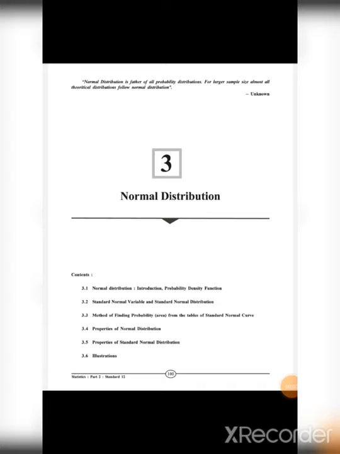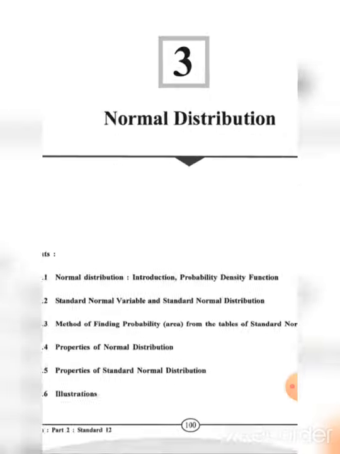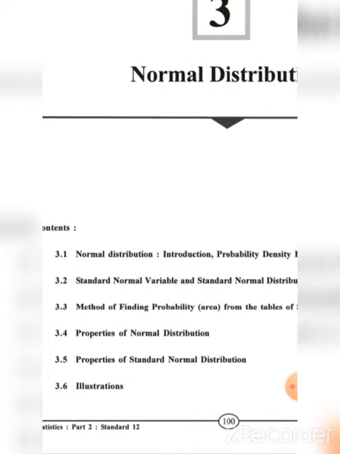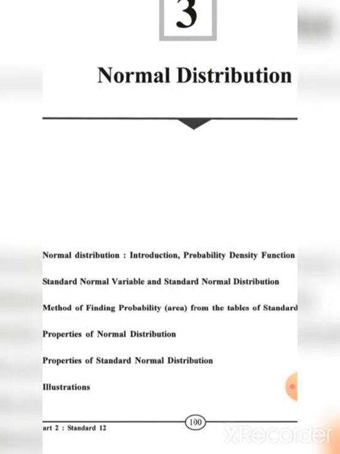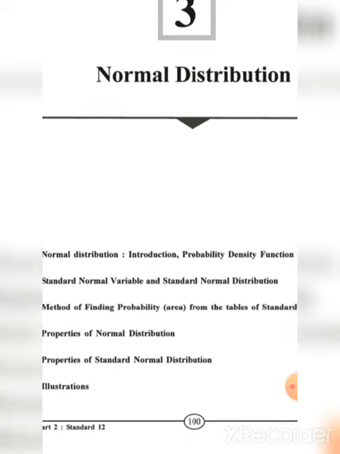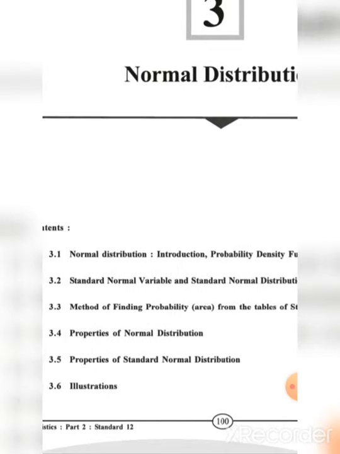Okay, children, now we are going to look forward to our third chapter of the second part, that is normal distribution. Right now, what are we going to study in the normal distribution? We are first of all going to look at the introduction, why normal distribution. We are also going to see what we mean by probability density function.